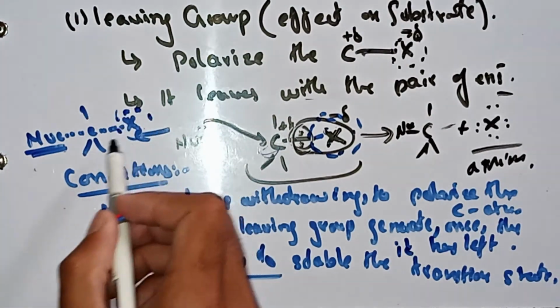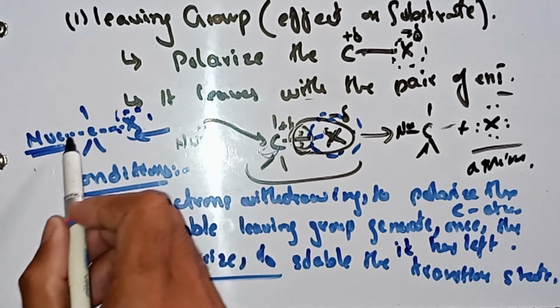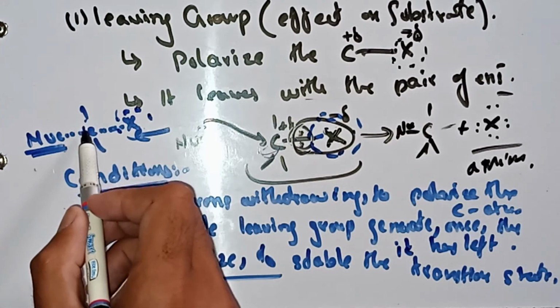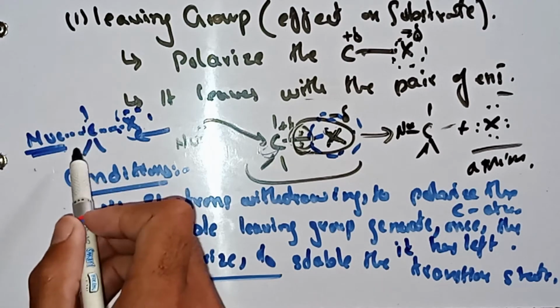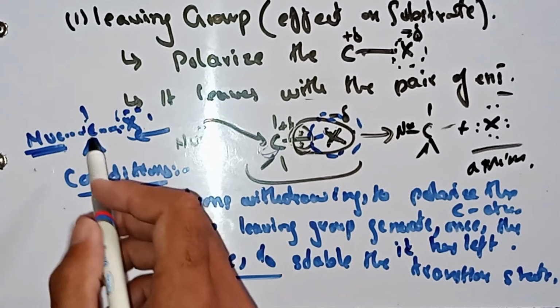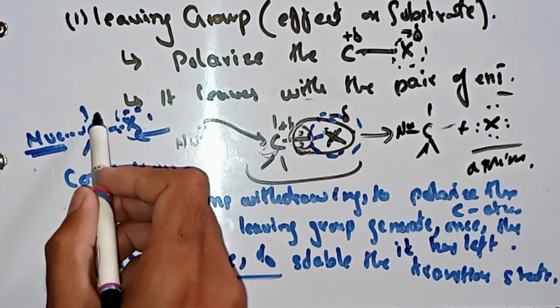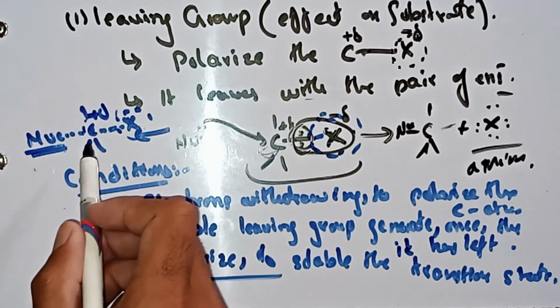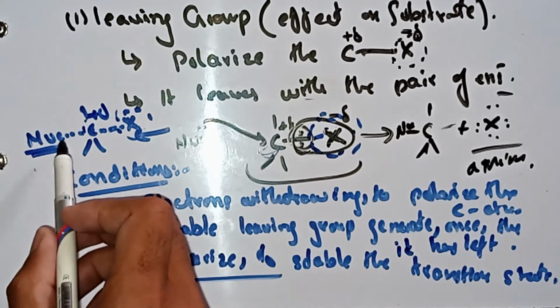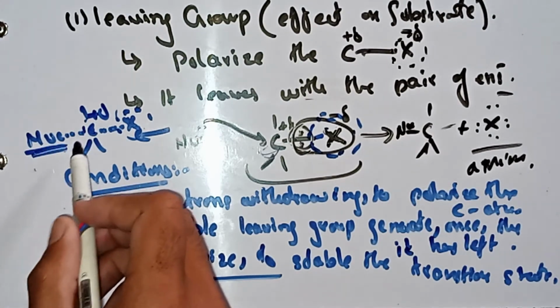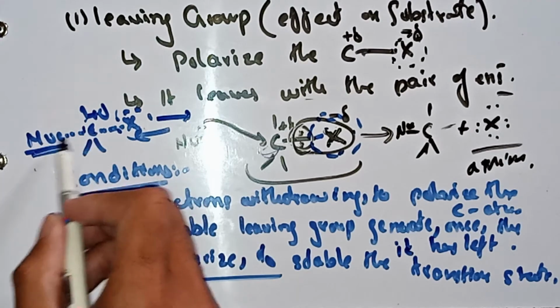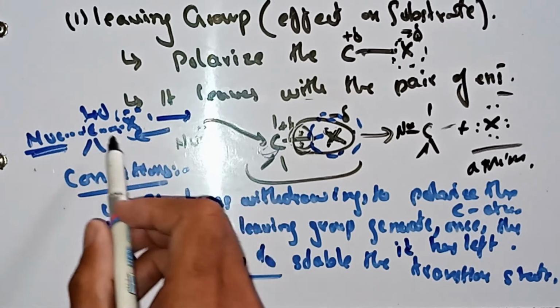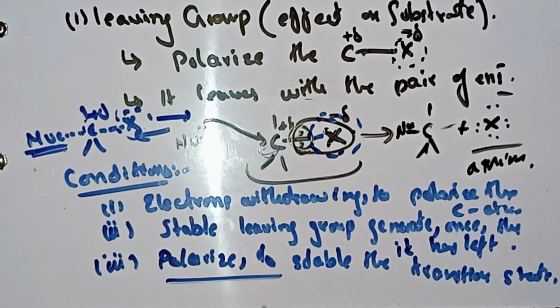Because it strongly withdraws the electrons, it polarizes the carbon, so the carbon gets more partial positive charge. As the carbon becomes more partially positive, it gains the electrons from the nucleophile, producing the nucleophile-carbon bond and breaking the carbon and leaving group bond. So this also has a great effect on the leaving group. Let's explain one by one.